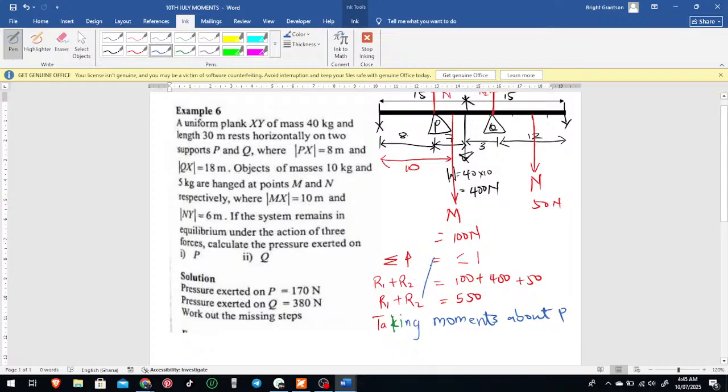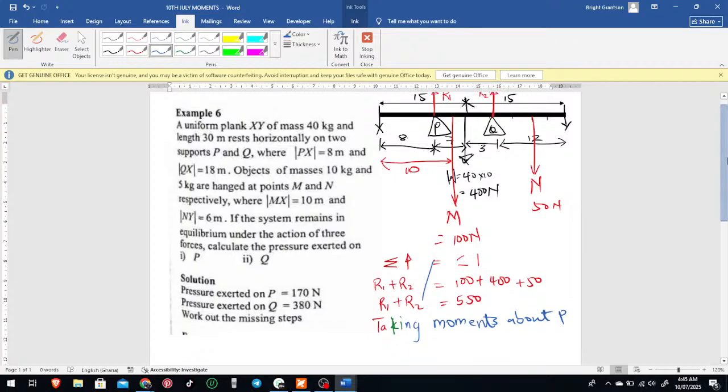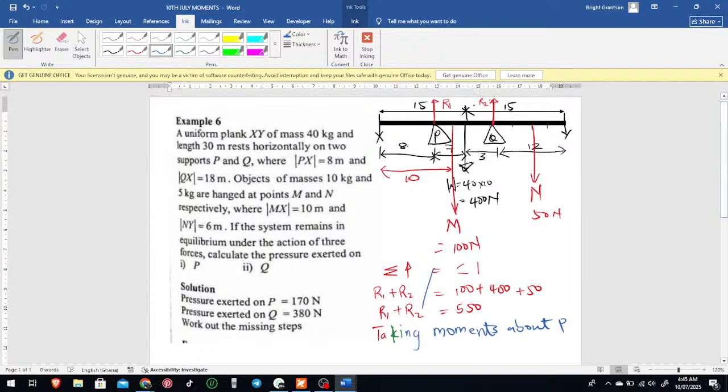So now the distance from P to this place. Let me diagram.